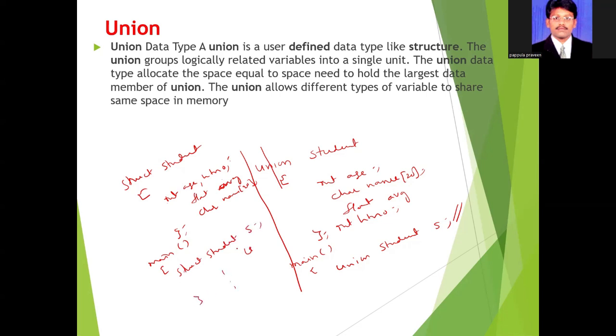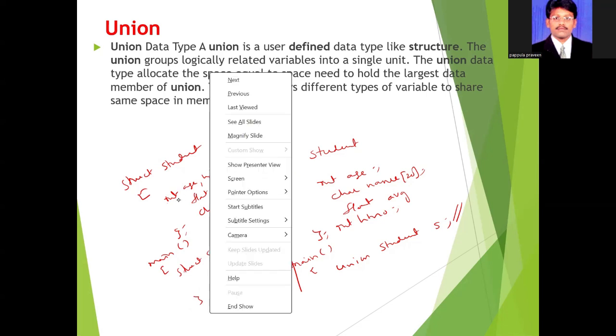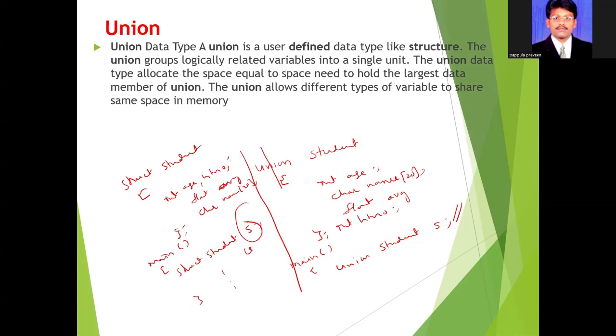Next, we assign the value 20. How much memory is allotted for s? How many variables are in this structure? Age, we allot 4 bytes. Roll number, 4 bytes. Float average, 4 bytes. And name 20. So 12 plus 20, 32 bytes of memory is allotted.